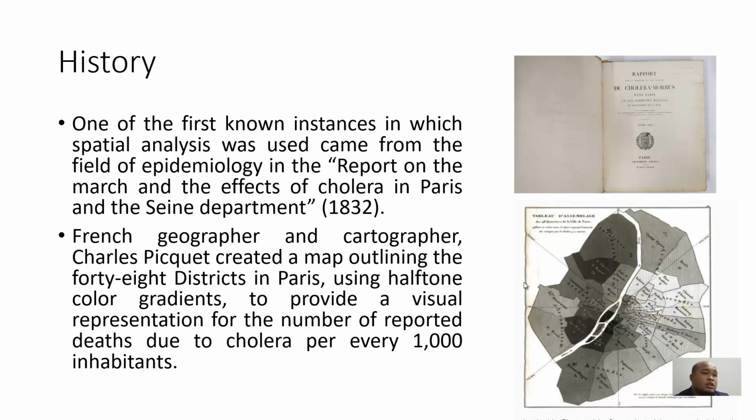This French geographer and cartographer Charles Picquet created a map outlining the 48 districts in Paris using half-tone color gradients to provide a visual representation of the number of reported deaths due to cholera per every 1,000 inhabitants.